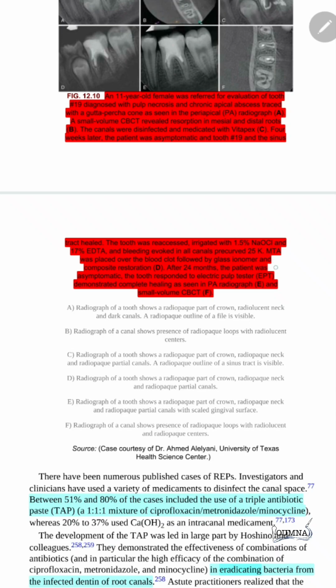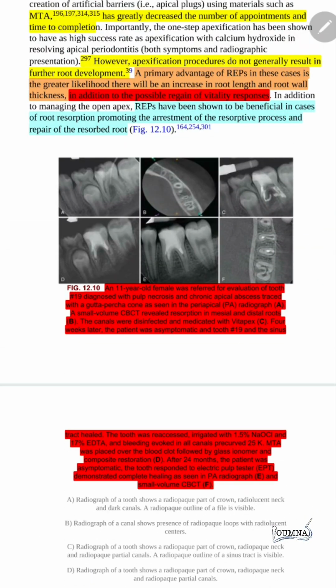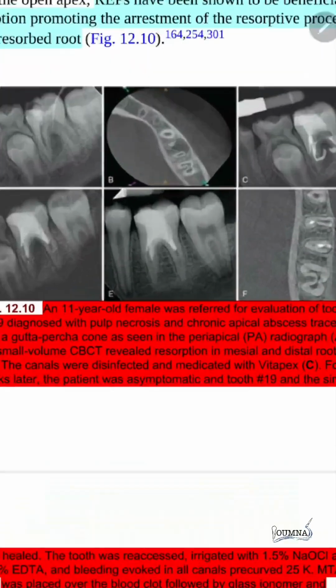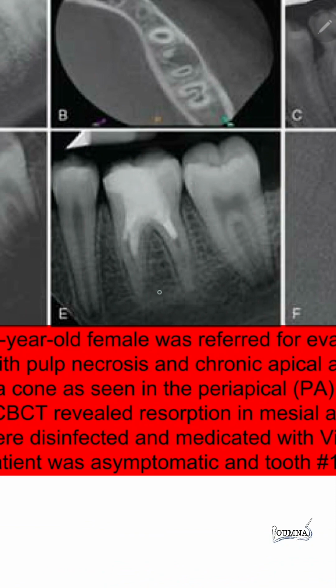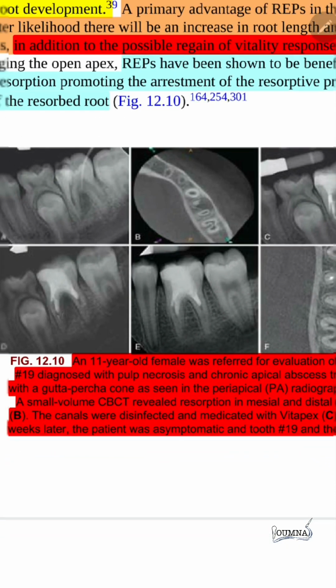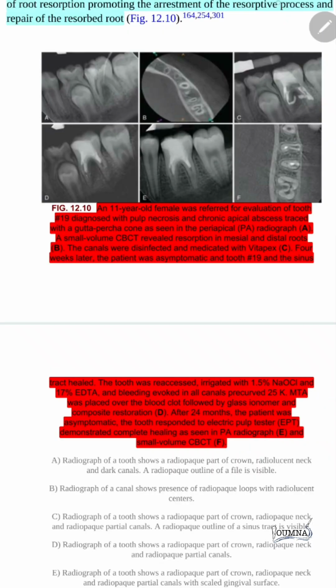After 24 months, the patient was asymptomatic and the root was fully grown. Also, surprisingly, the tooth responded to electrical pulp tester.